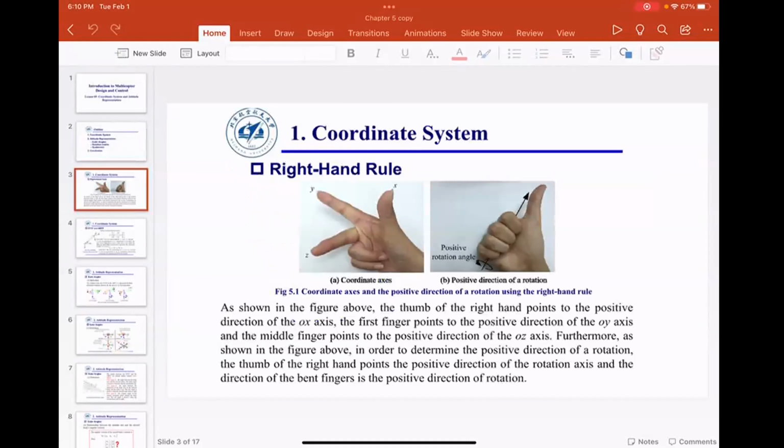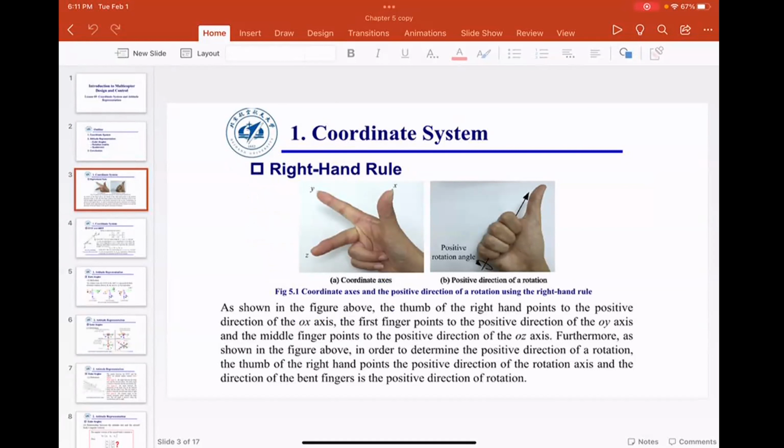First and foremost, remember the right hand coordinate frame. We are always going to use the right hand coordinate frame, and in the case of aerial robots, we will always use north, east, and down.